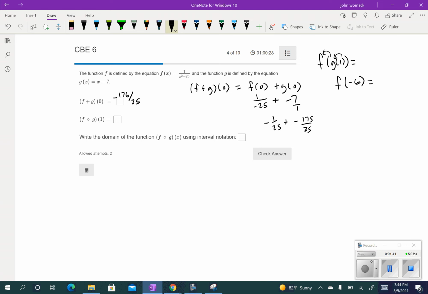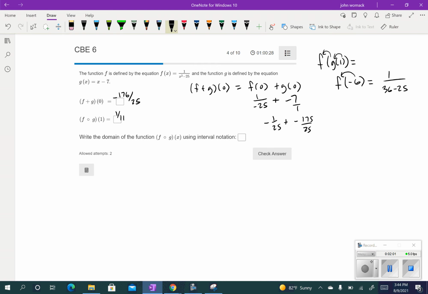I've got to take that negative 6 and plug it into f. That'd be 1 over negative 6 squared, that's 36 minus 25, so it's 1 over 11. So you get some crazy answers there as far as the fractions go, but not too hard, just adding the two functions and doing the composition.